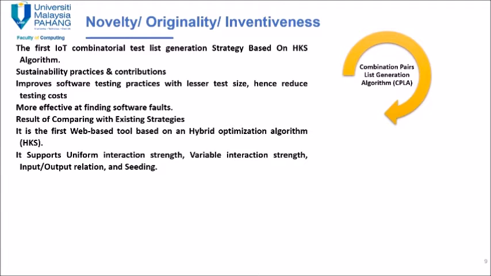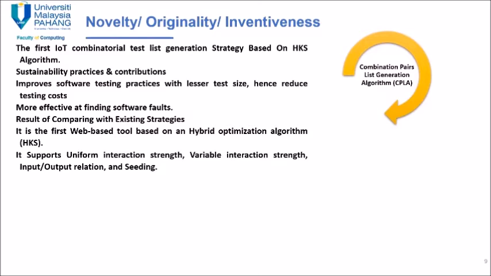Based on that we find the novelty of this generator. It is the first combinatorial testless generator that introduced a hybrid kidney-inspired algorithm as a search engine to generate a testless for IoT systems.